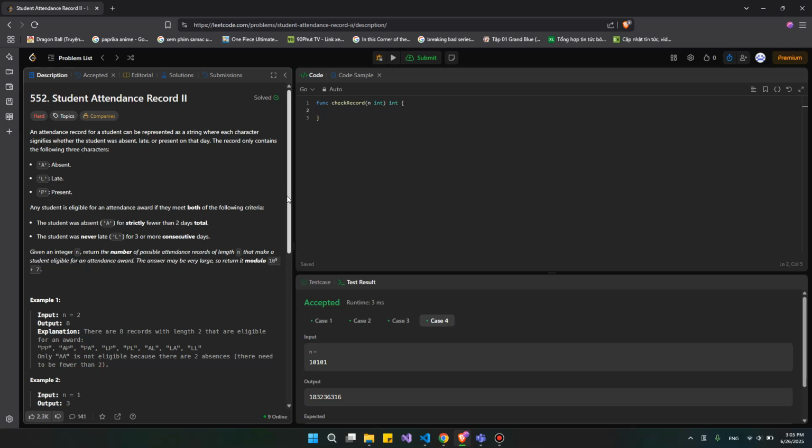The previous one we can solve with O(6^n) time complexity and O(1) space.